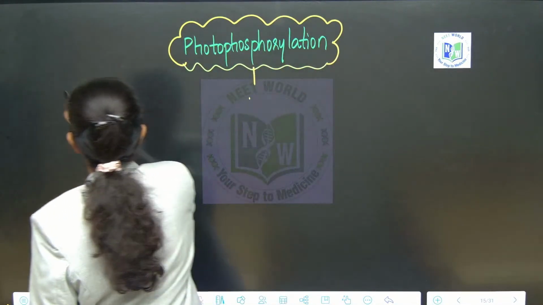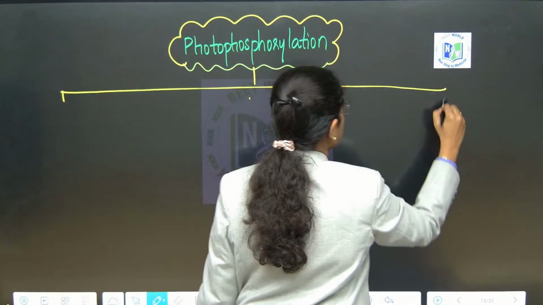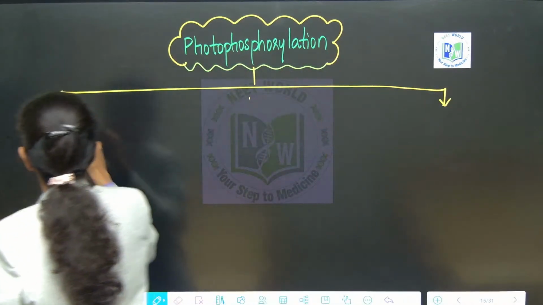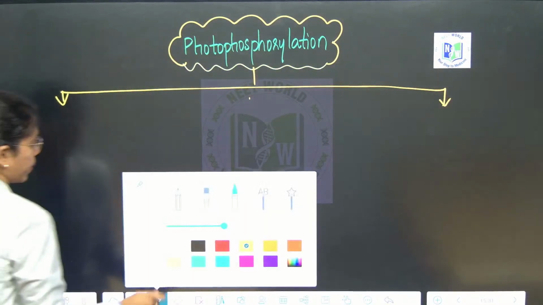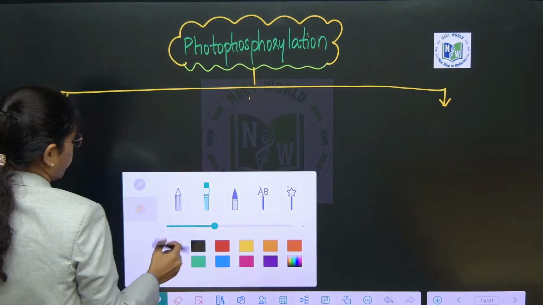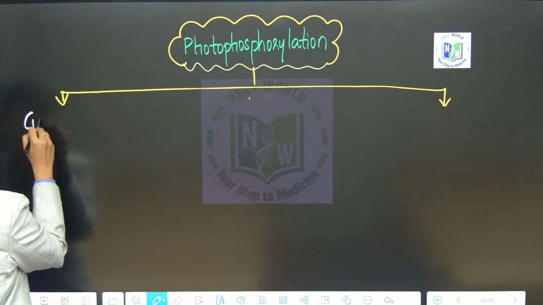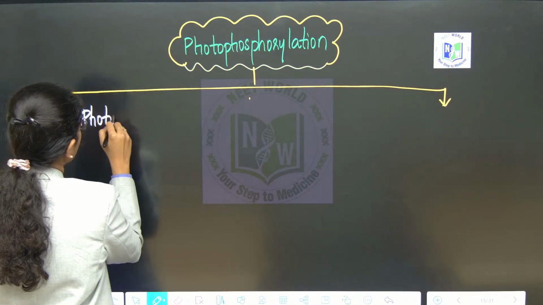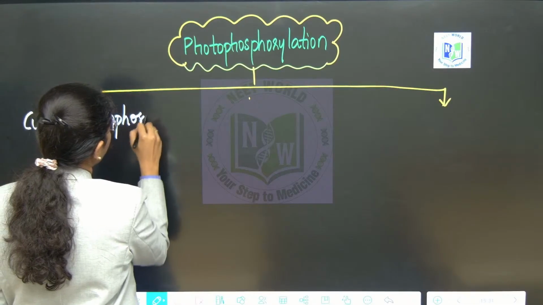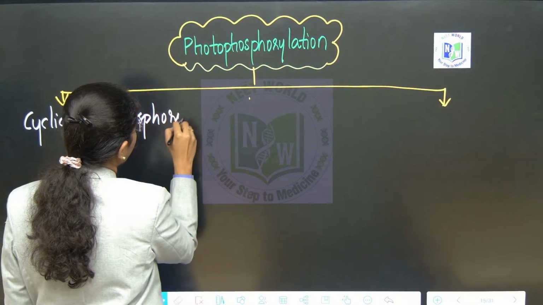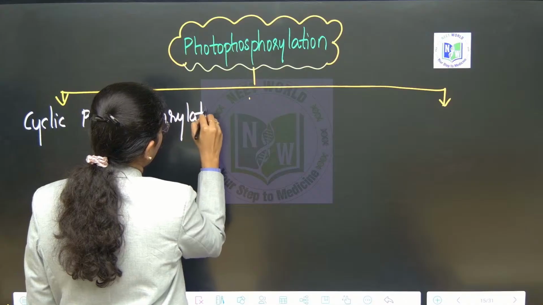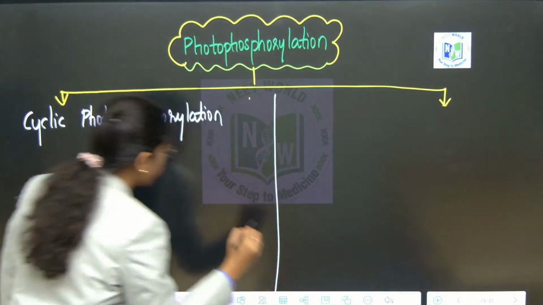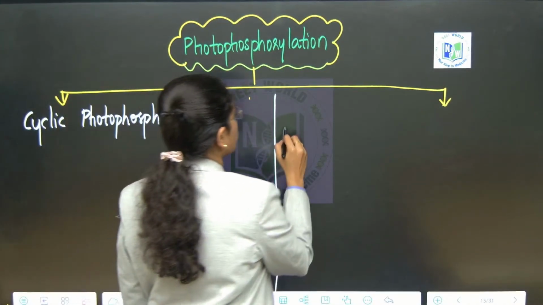One is cyclic photophosphorylation and second is non-cyclic photophosphorylation.